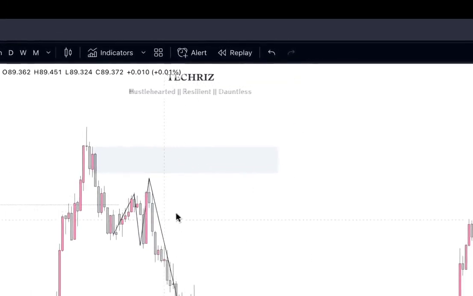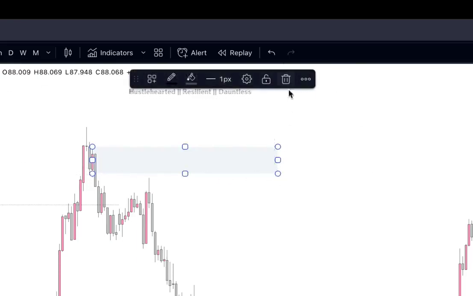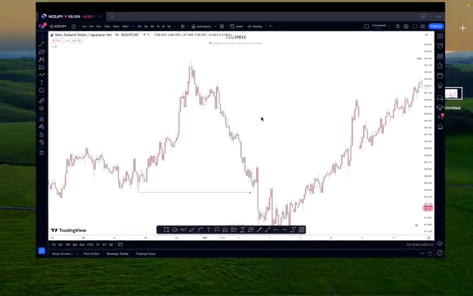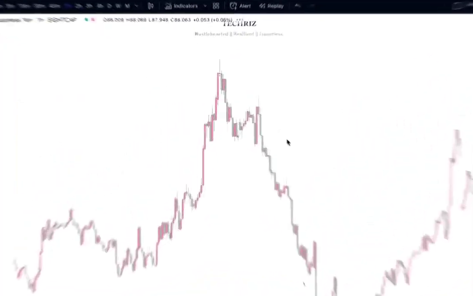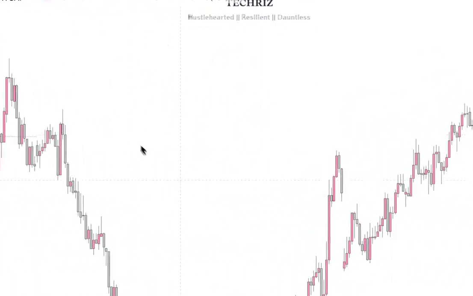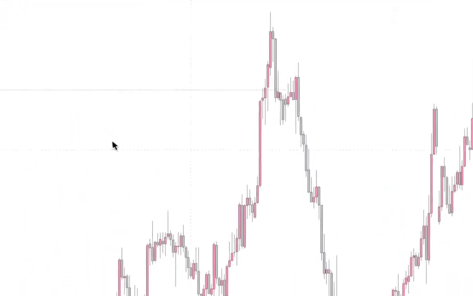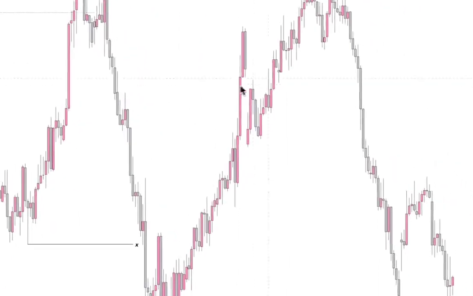Or you can actually treat it this way, where you just take the trade on the inducement, like I taught you guys, inducement entry, where you just enter on top of the inducement, right? Now, this was how I actually framed this trade.